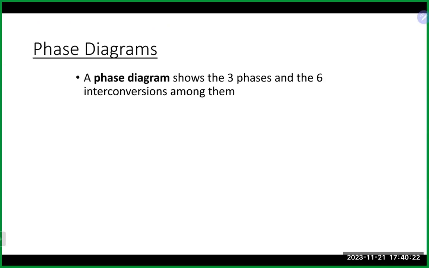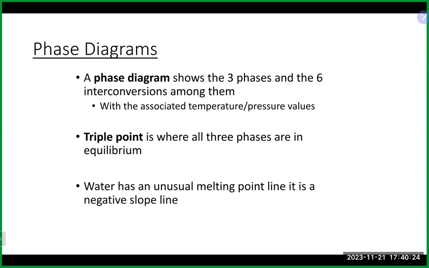So continuing on in this chapter, we're going to talk about phase diagrams and how to look at them and what we see on them. A phase diagram basically shows the 3 states of matter, which are solid, liquid, and gas, and our 6 interconversions among them.